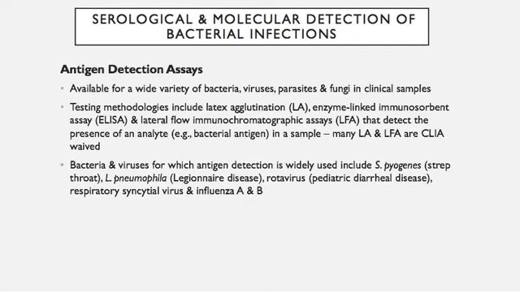immunochromatographic assays that detect the presence of an analyte, such as a bacterial antigen that may be present in a sample. And then several of these types of tests are going to be CLIA waived, meaning that they would be moderate to low complexity and could be performed by someone in a doctor's office, like a medical assistant or maybe even a phlebotomist.